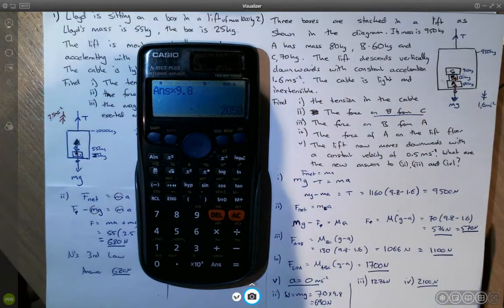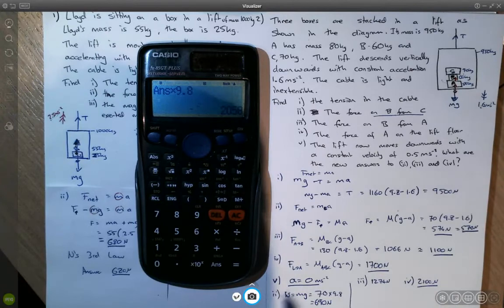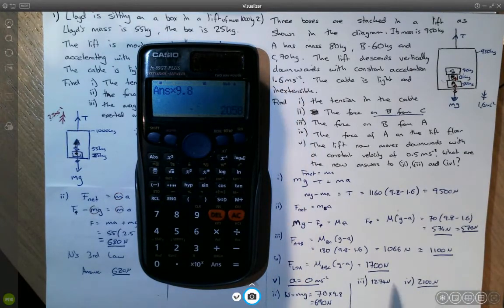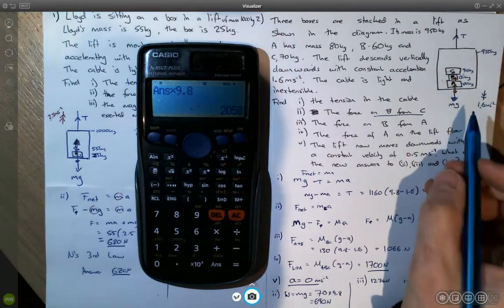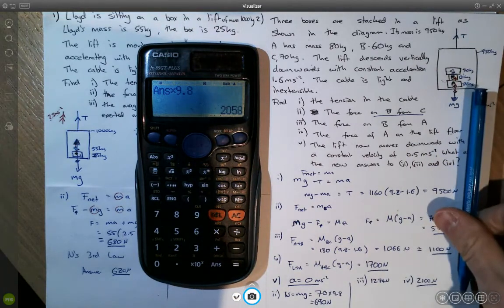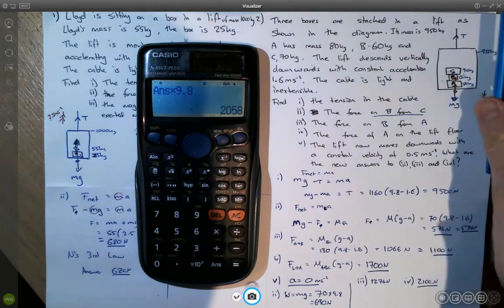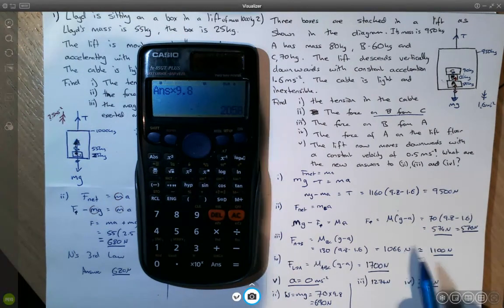And you can see that in each of these cases, the force is larger than it was before, which makes complete sense, right? Because it's moving at a constant velocity. It's no longer accelerating. When it's accelerating down, the downwards force must be greater than the upwards force in order to make it accelerate, which means that all of these forces should be smaller, because otherwise it wouldn't be accelerating.